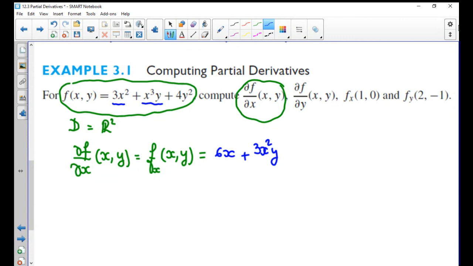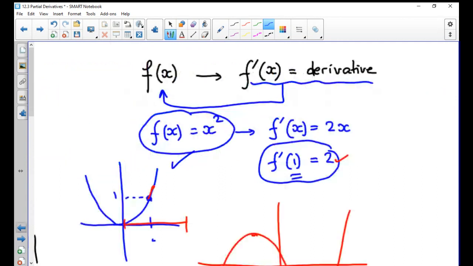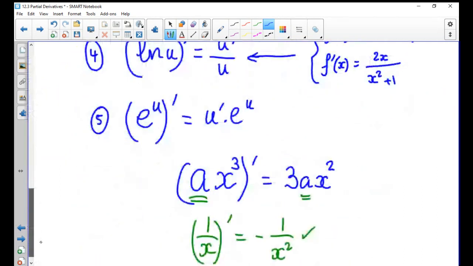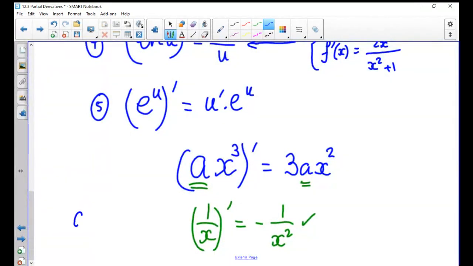And finally, what is the derivative of 4y squared with respect to x? It's like a constant. What is the derivative when you have a constant and you want to take its derivative? Zero, yes. Zero. Do you understand this? So we can add another rule here, that when you have a constant a and you differentiate it, it's always zero.